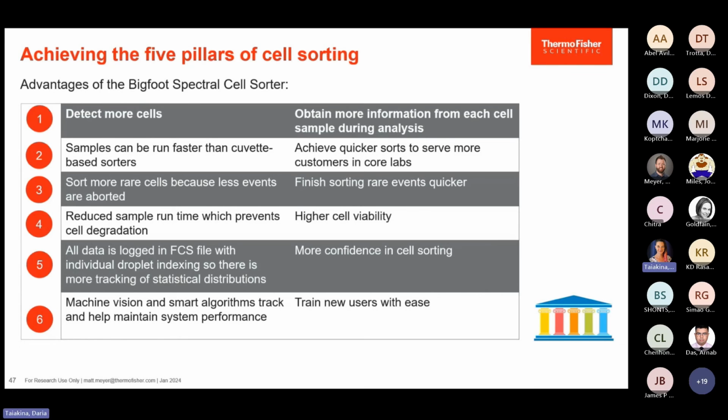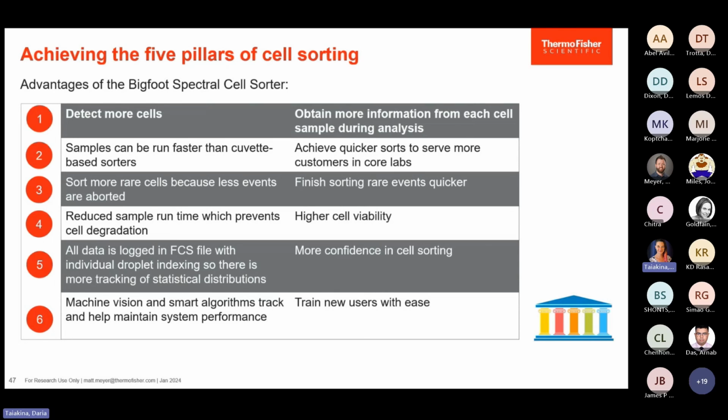And so when looking at the advantages of the Bigfoot cell sorter, once we achieve these 5 pillars, you're ultimately going to detect more cells. That will give you more information from your tube of cells during your sample analysis.